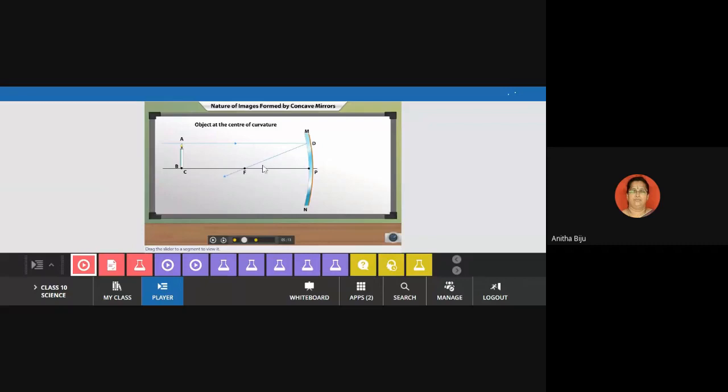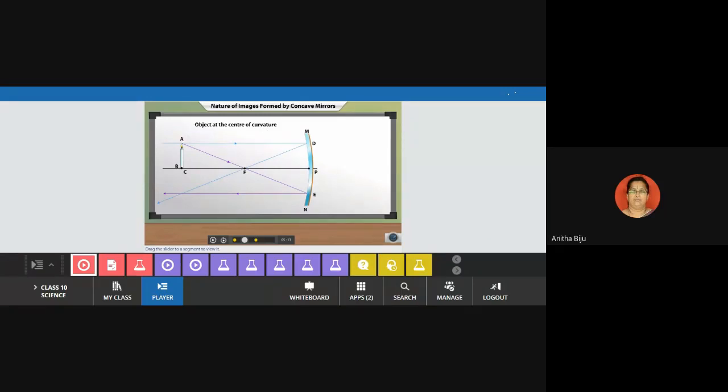And two rays we can use here. One ray is already made, which is parallel to the principal axis. After the reflection, it passes through the focus. Here we can use the second ray, which is passing through the focus.